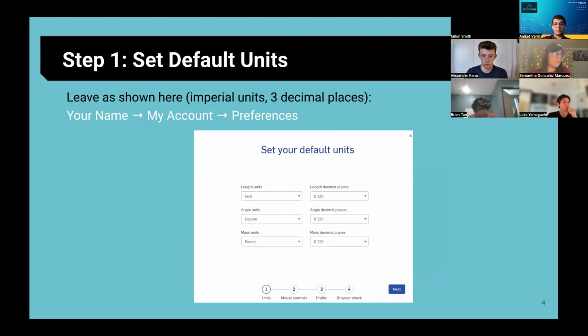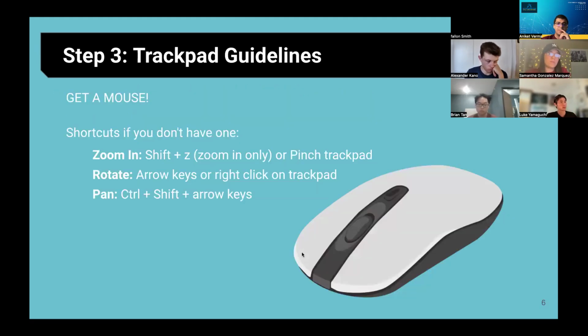Excuse me, if the default is 0.123 already, I don't have to change anything, right? Yeah, no, you're good. All right. Awesome. Okay. That said, I'm going to continue on.